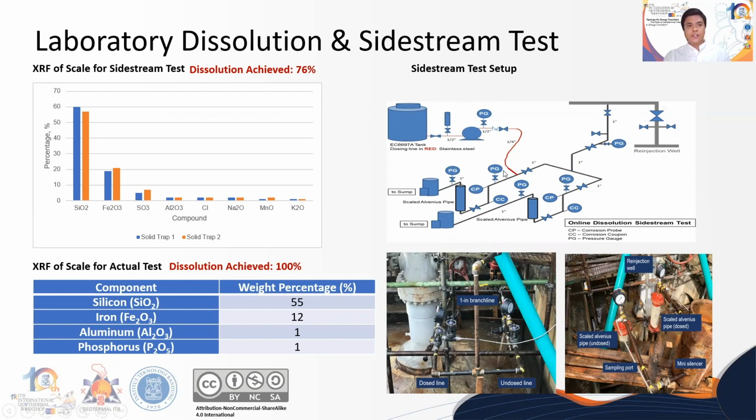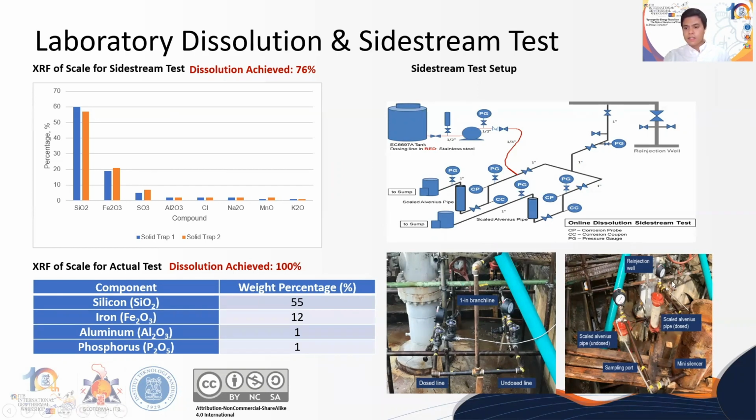The goal of the side stream test is to check physical and chemical manifestation that dissolution is happening. The lower right images here are the actual site conditions where we conducted the side stream test.